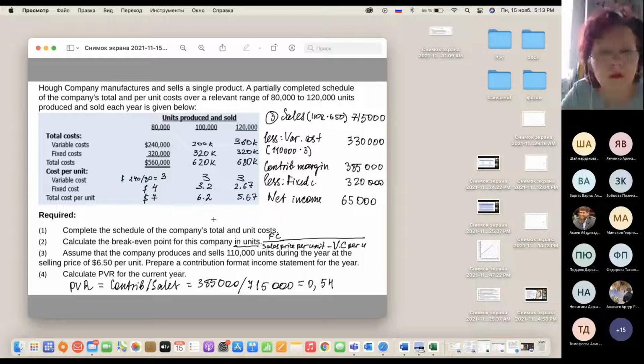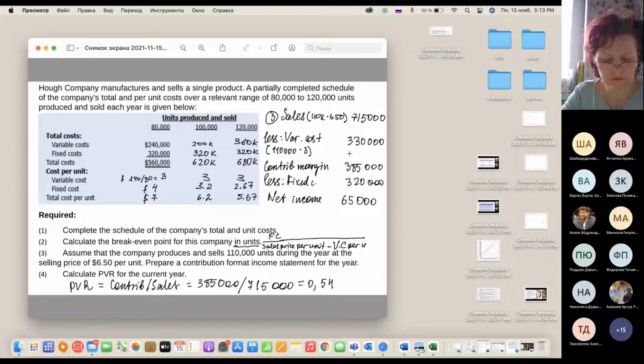Number 3, we need to make a contribution format income statement for the year, and you can see it here. So we got sales. We need to multiply 110,000 by 6.5 from this information, and we'll get 715,000. Then we count our total variable cost. It will be also multiplying 110,000 by 3.